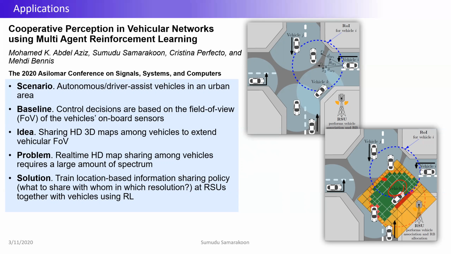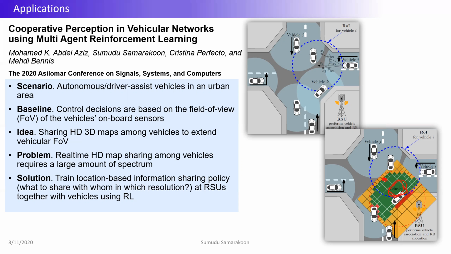Either the vehicle sends one packet for the large area, which means low resolution, or a packet of data for a small area, which means high resolution. So the vehicle has to decide what information to send to the other vehicle depending on the interest of other vehicles.